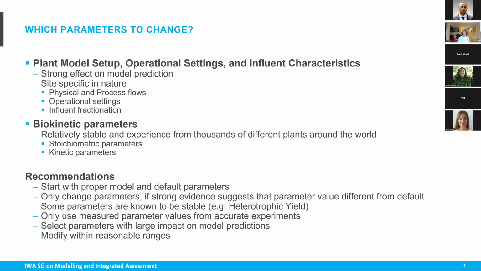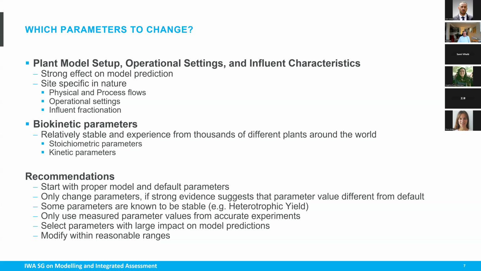And they are doing a very good job updating the models to the newest technology, and also coming up with and maintaining default parameters. So if you want to model, just use a mature model and not something from academia in the 80s and 90s. Second recommendation, only change parameters.